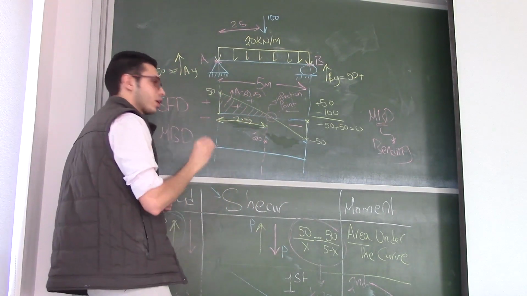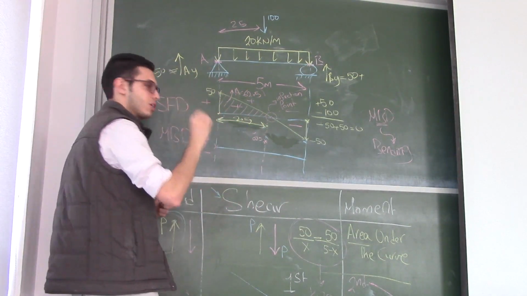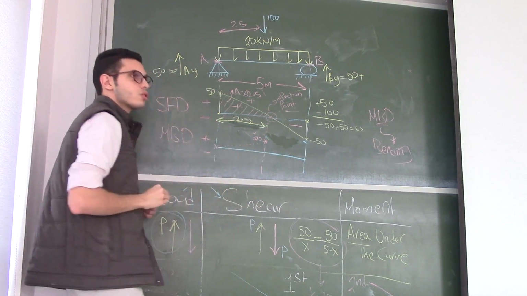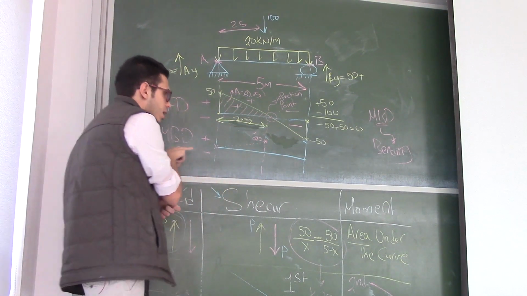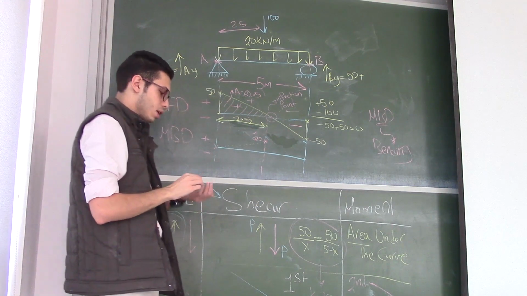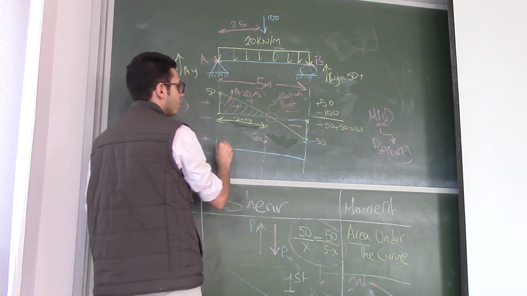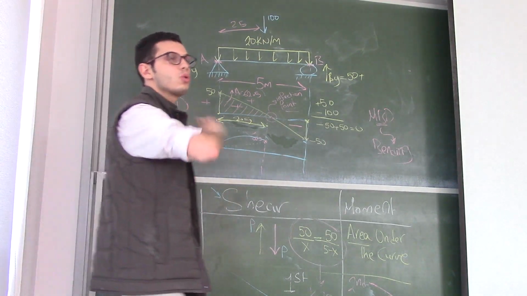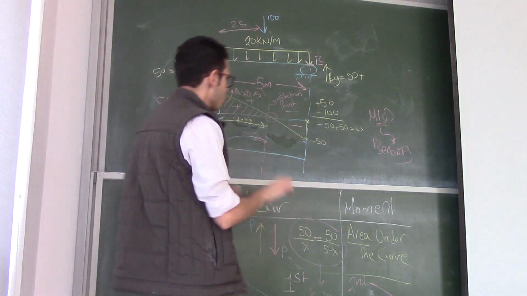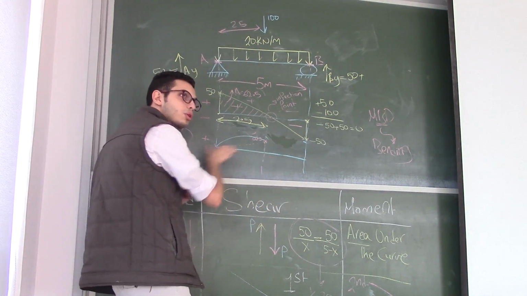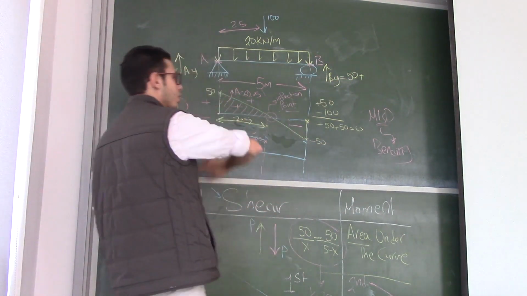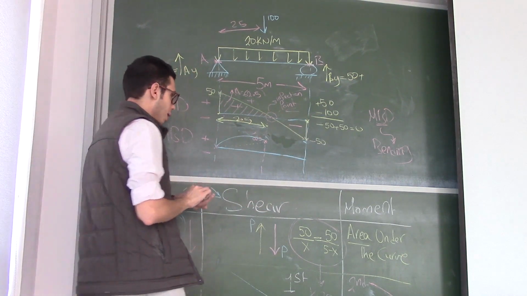To draw it correctly, just imagine that there is a line connecting the two points and draw the curve above this line. You will always have it correct. Sorry.